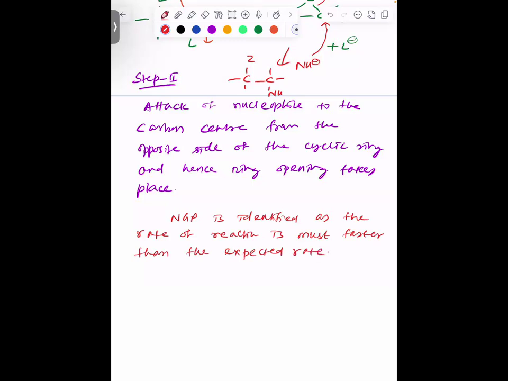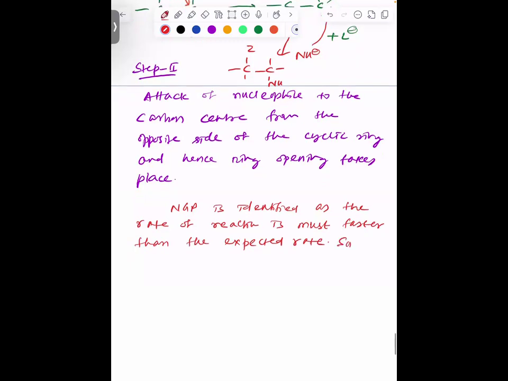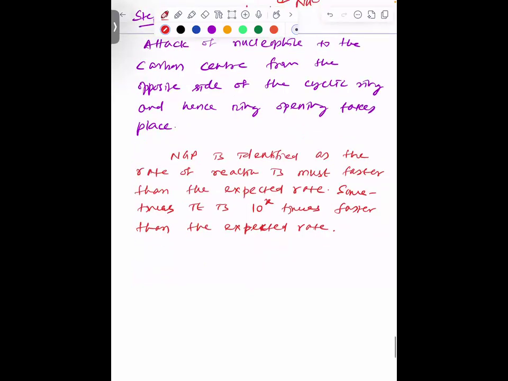Sometimes it is 10 to the power x times faster than the expected rate. Okay, I think it is clear.